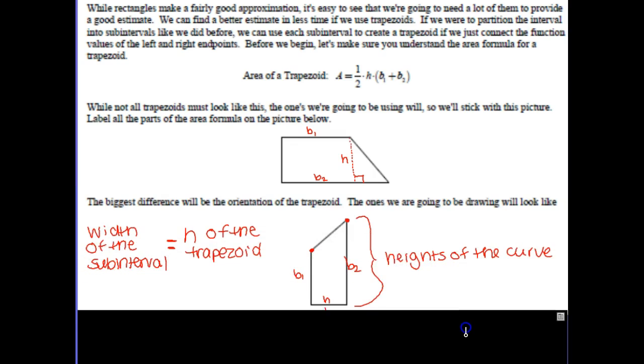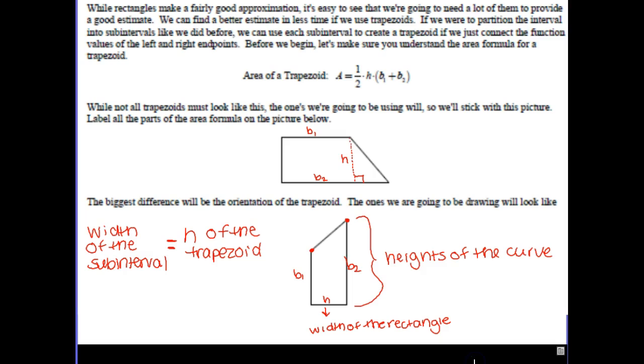So what we're going to do for our formula is take a trapezoid and rotate it on its side, so that the width of the subinterval becomes the height of the trapezoid, and the bases become the heights of the curves.